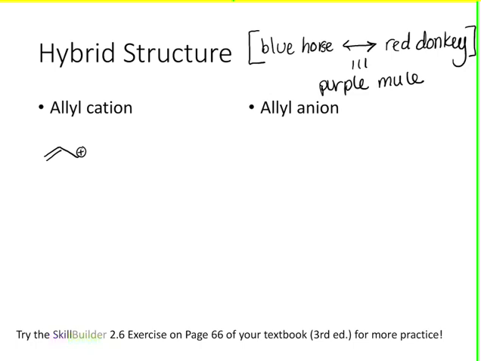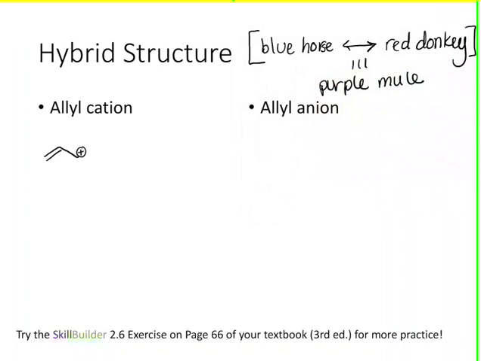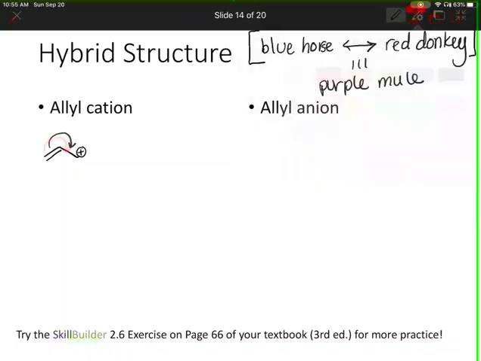So what we can do is show that the pi electrons, so the double bond electrons, are actually moving. Well, they're not really moving, but we'll say they're moving for now. And that's going to give us our second resonance structure.